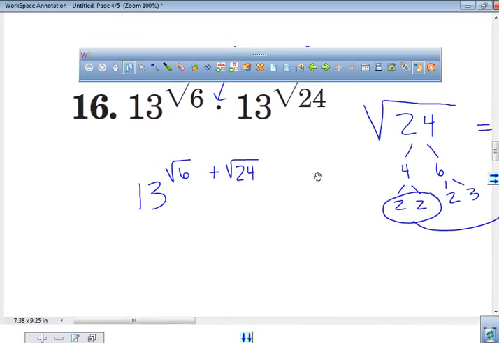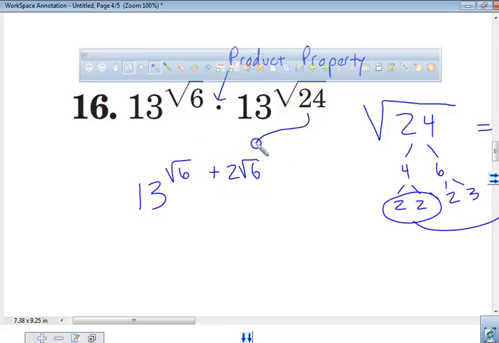So watch what we're going to do. I'm going to erase this right here. Take it, erase it. Going to replace it with 2 radical 6. Because radical 24 is simplified to 2 radical 6. So what is 1 radical 6 plus 2 radical 6? 1 radical 6 plus 2 radical 6 is 3 radical 6.